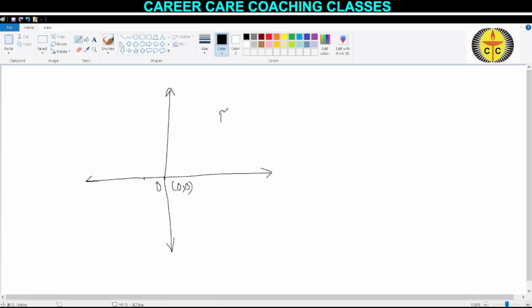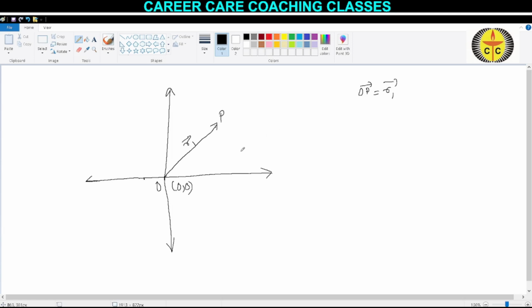The particle P is located at this point, and the line joining the point P with the origin is the position vector of the particle P. Let this position vector be R1. That means OP is R1.